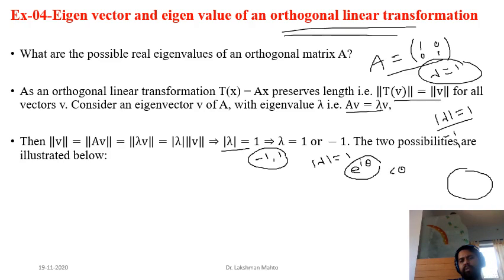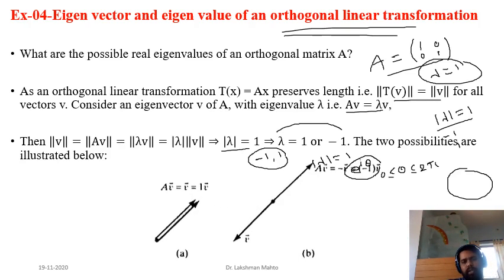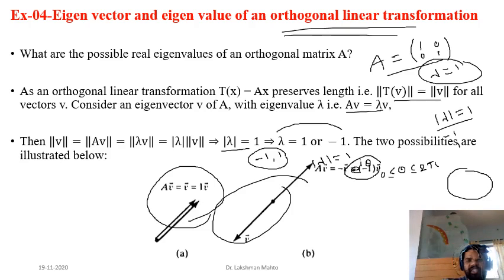So these are the collection of complex eigenvalues for an orthogonal linear transformation. But we are not interested in finding complex eigenvalues. We are just looking for real eigenvalues. So these are the possible real eigenvalues for an orthogonal linear transformation. Graphically, if your eigenvalue is 1, you observe this kind of scenario. If your eigenvalue is -1, then you observe this kind of 180-degree phase change.